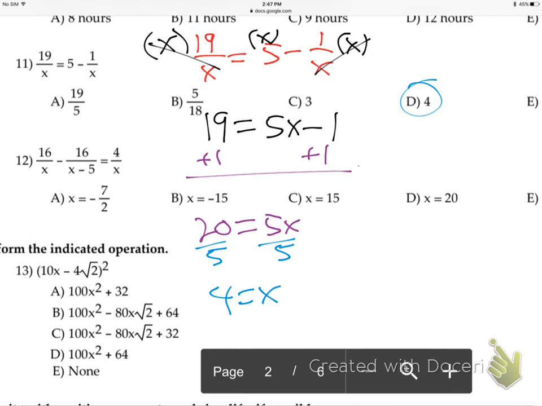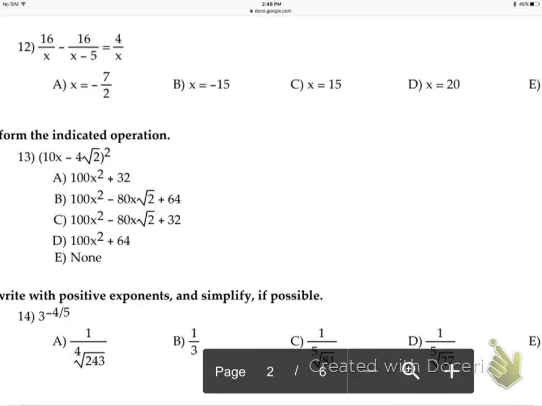Number 12. Oh, another same kind of thing. Can I move on from that? You guys got that down? Okay, so same thing, number 12. Common denominator, top. Right here, so we get 16 over x minus, oh, we're supposed to never subtract. So move that negative up on that 16.